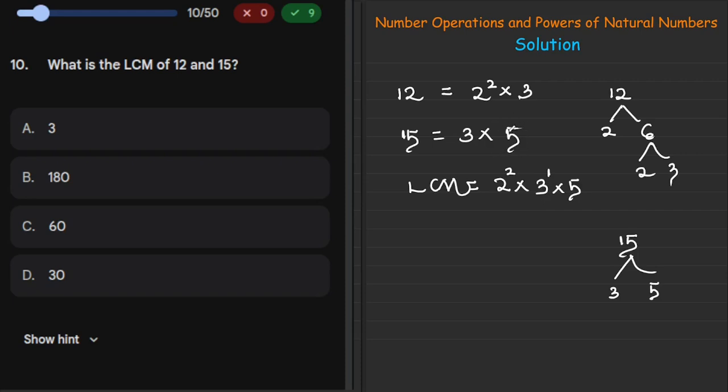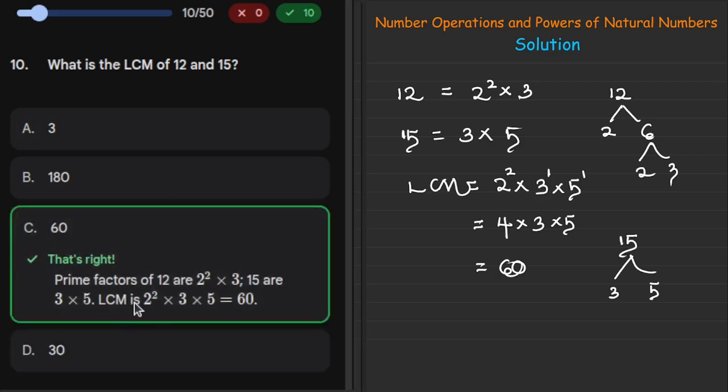And for the 5, this is the only one that occurred, so we have 1 over here. Evaluating, we have 4 times 3 times 5. And 4 times 3 times 5 gives us 60. So it simply means the LCM of 12 and 15 is 60. As simple as that.